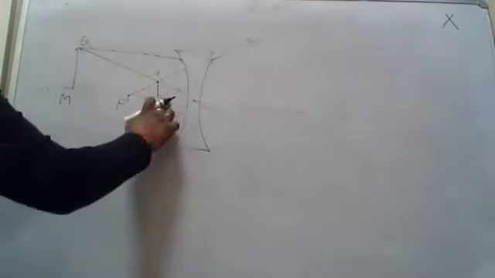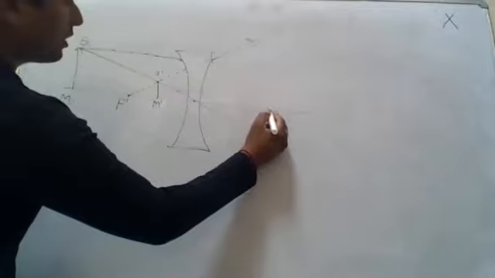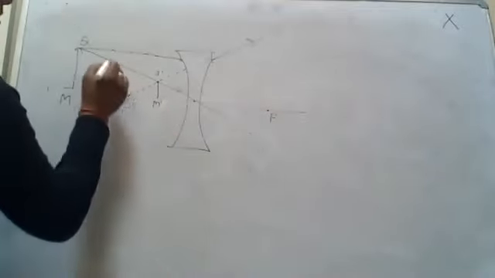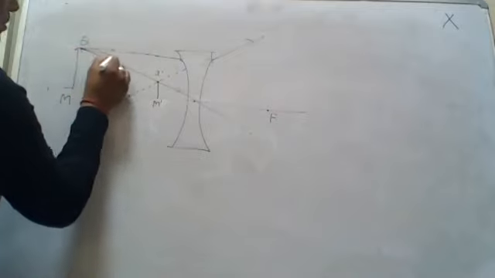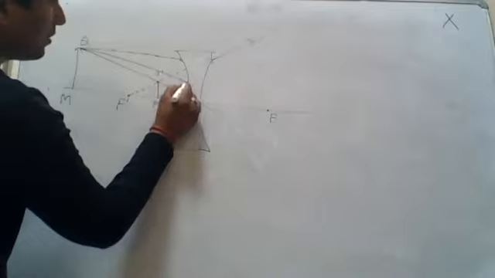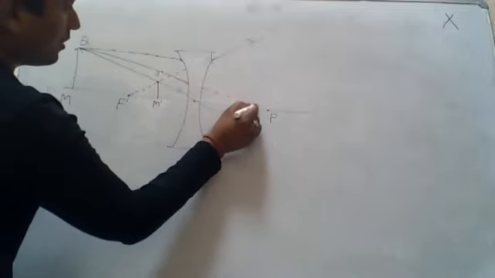Okay. Just to confirm, we have to draw the third ray also. Suppose it is going like this, toward what is the primary focal point for the concave lens, so it will go like this.